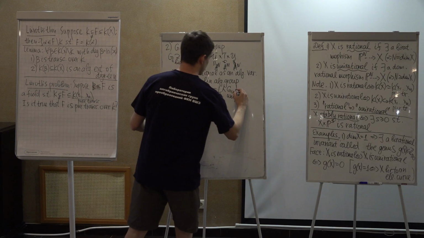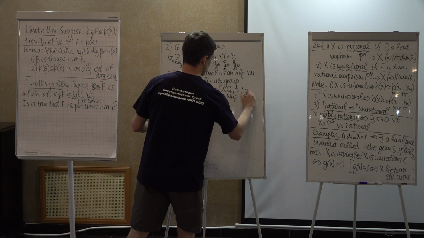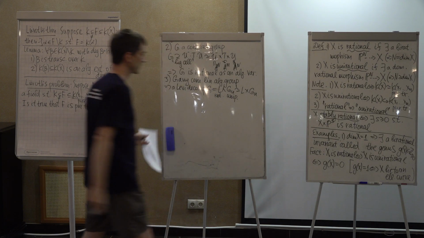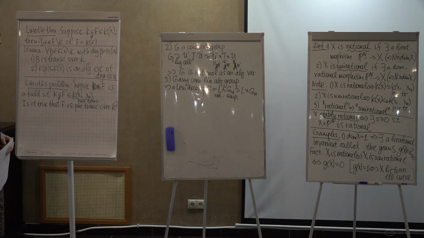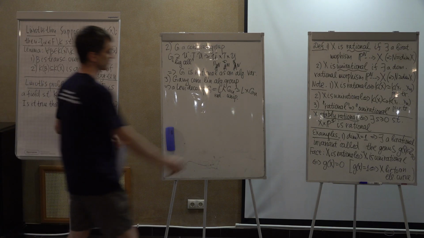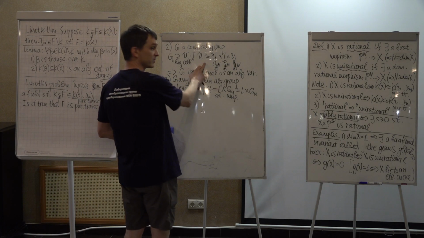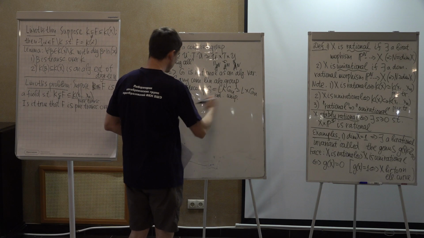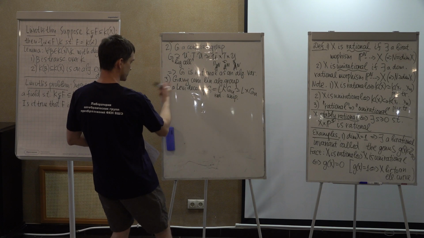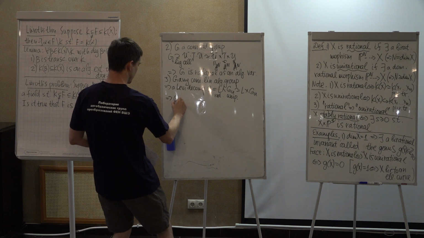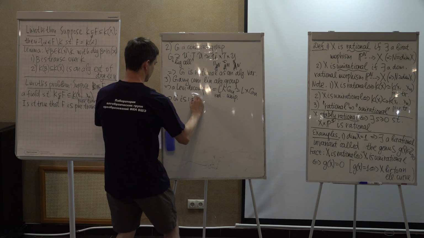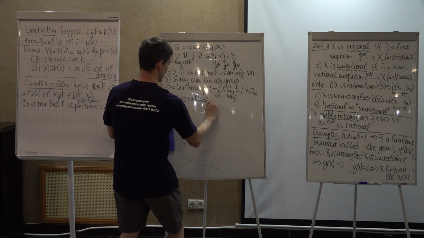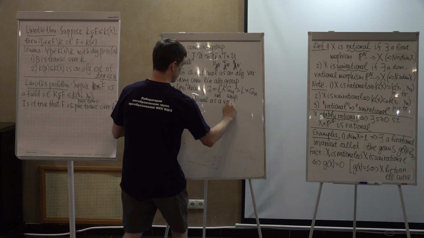In this case, we can write an isomorphism of varieties, G is isomorphic to L times U, and L is rational by the previous example, U is just again an affine space, so we again get that G is rational as a variety.